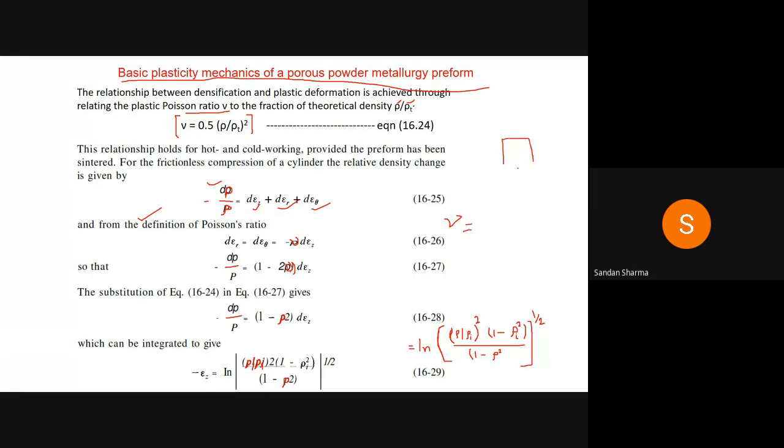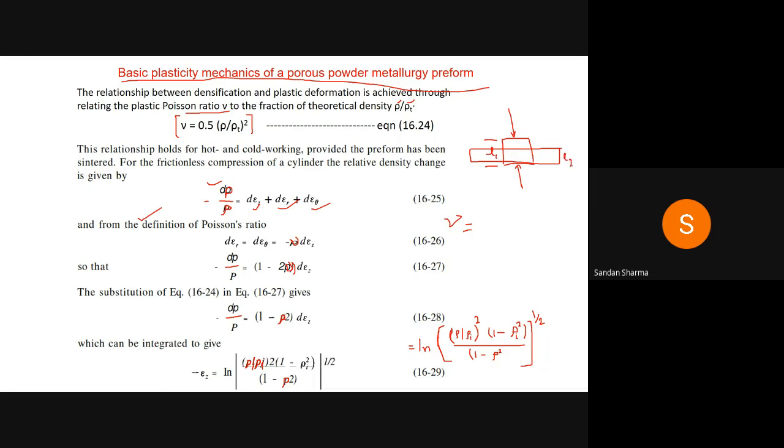Let's say you are applying pressure here, any pressure, and the length is changing from L1 to L2.